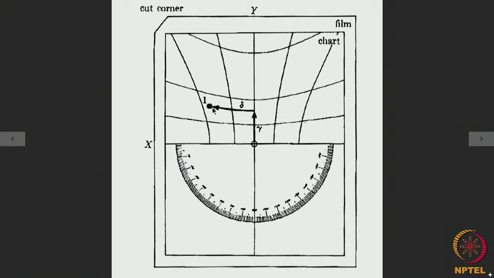So, you see the use of the Greninger chart. Using the Greninger chart straight away, we can measure the gamma and delta, the angular parameters of the plane normal of the plane which gives rise to this particular diffraction spot.